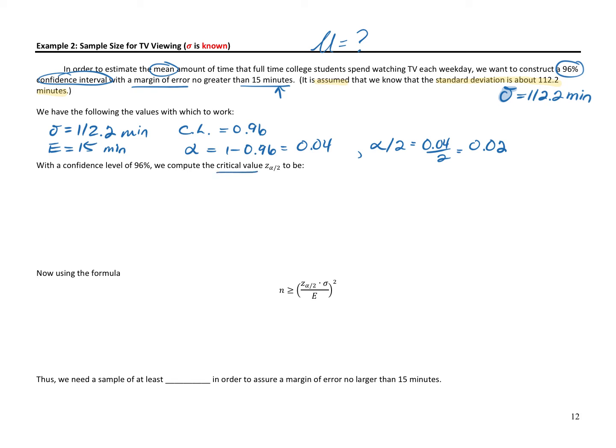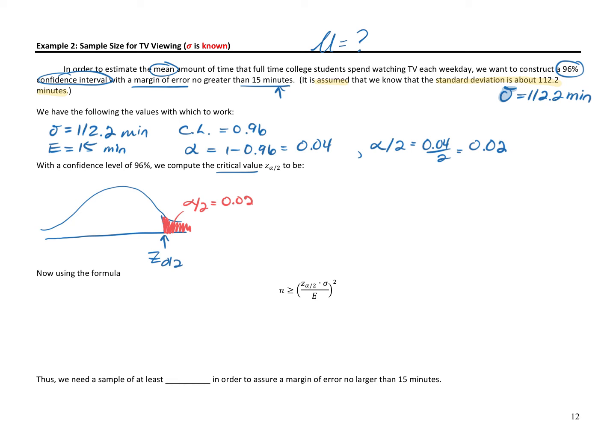So remember that the critical value, let me make a sketch of what the critical value is. The critical value is the z-score, so that's z sub alpha divided by 2. That separates the right tail region, this shaded region here, that's alpha divided by 2 or 0.02. So the area of that shaded region is 0.02.